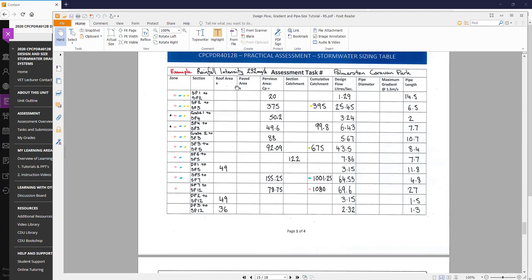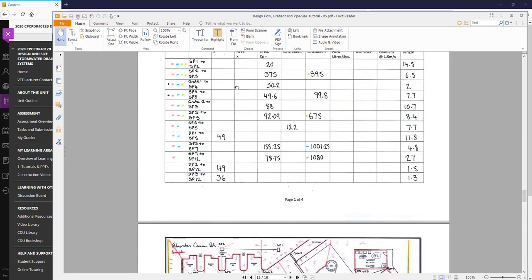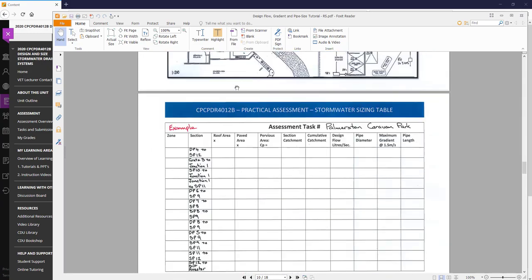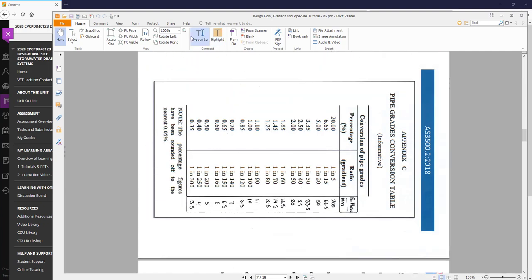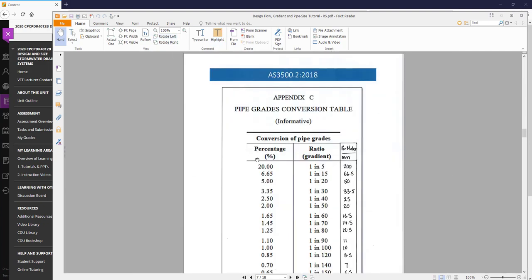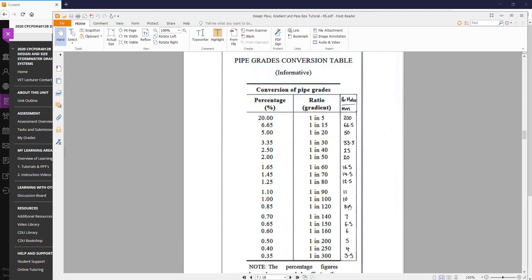I can't remember now. 1:50 is, just buzzing back up here, rotate to the left, 1:50 is 20 millimeters per meter. So however many meters, multiply it by 20 mil. And that's how we work it out, guys.